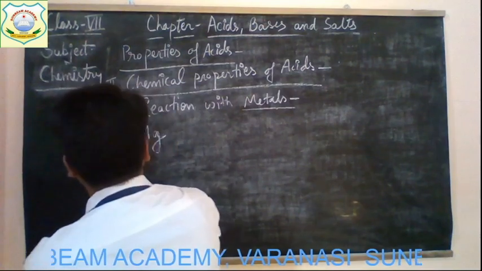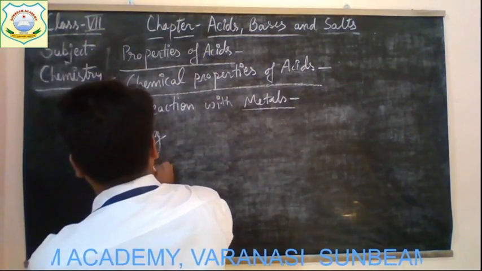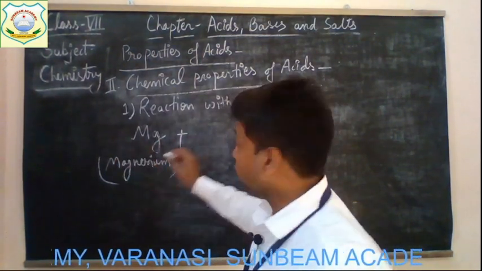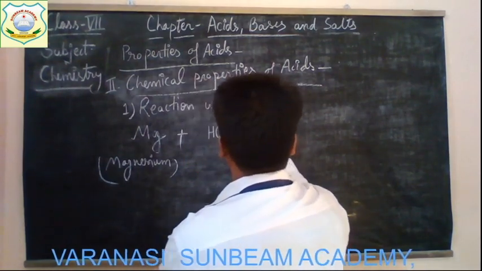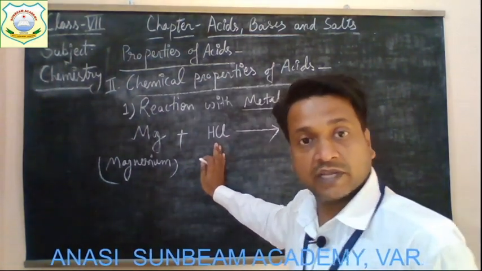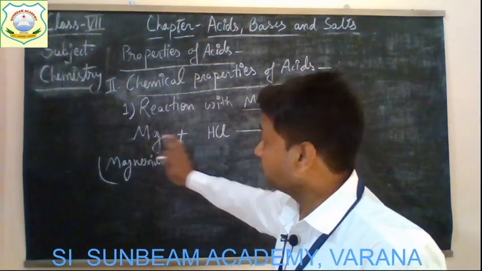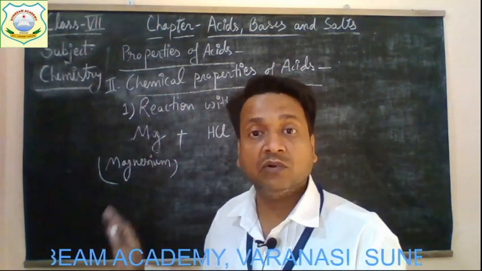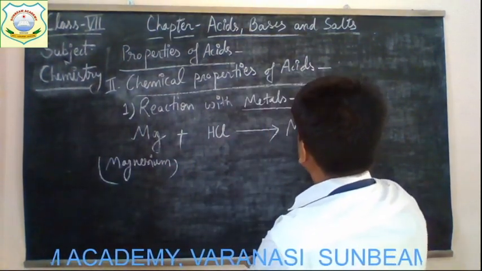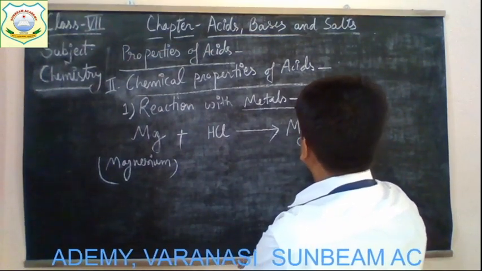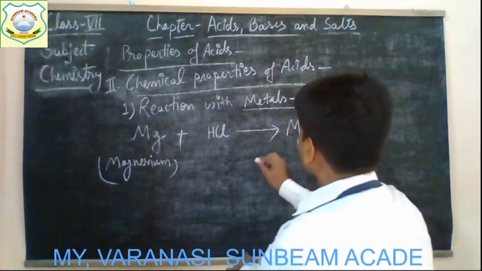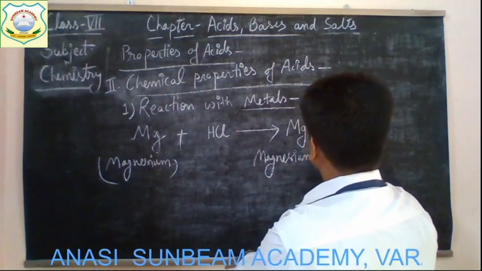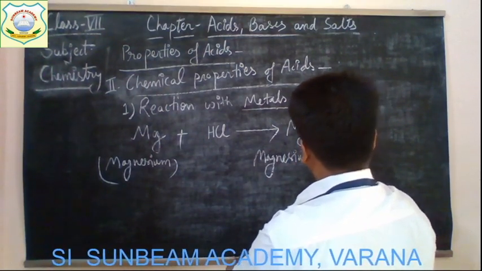When magnesium reacts with hydrochloric acid, the formula of which you know very well is HCl, it forms a salt, that is magnesium chloride, MgCl2.